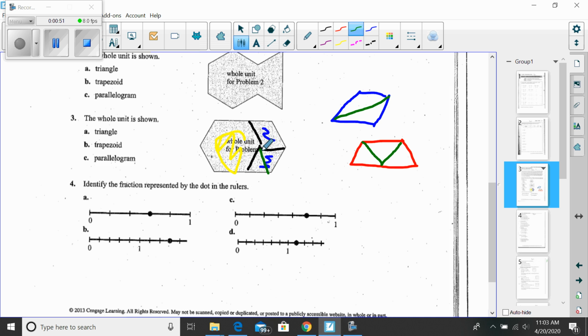If I were to put the triangles on here, that would be 6, 7, 8, so 10 triangles would make up the whole. So that's how I would know that the triangle would then have a value of 1/10.